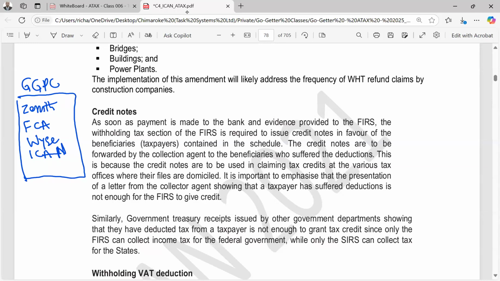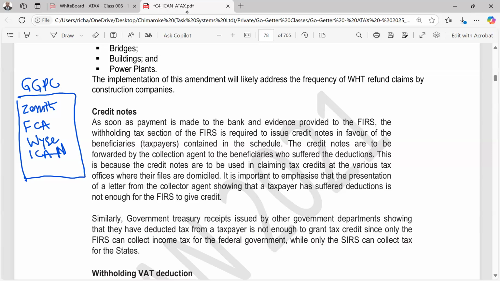I think part of the tax reforms that was being promoted, but has not been passed into law, was that when people are deducting withholding tax, if you provide evidence, apart from the withholding tax credit note, that you suffered withholding tax, the government is going to grant you the credit.